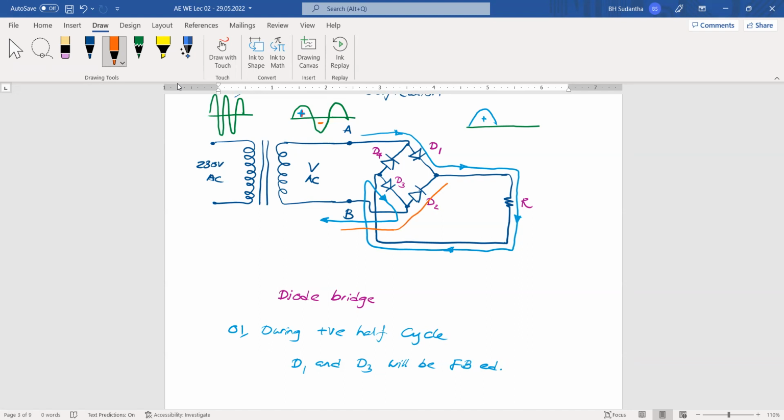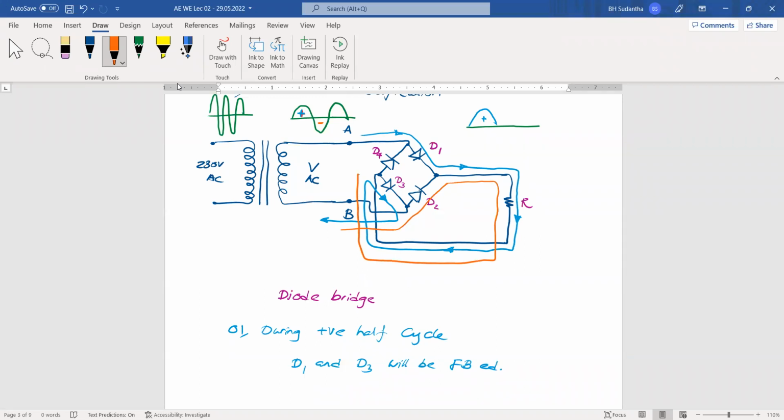Through D1 it cannot go to point A, so it should go through resistor R, and it comes back to this junction.